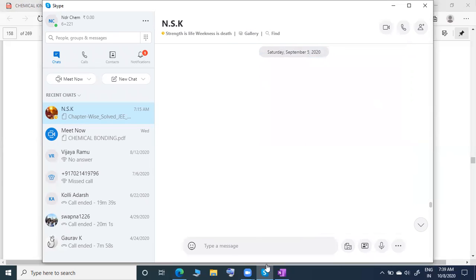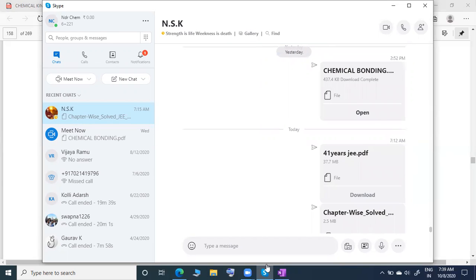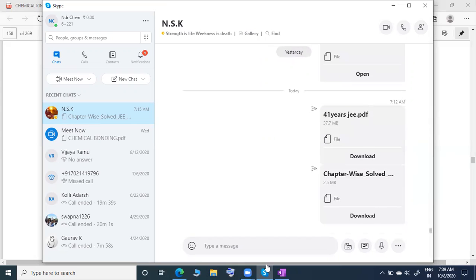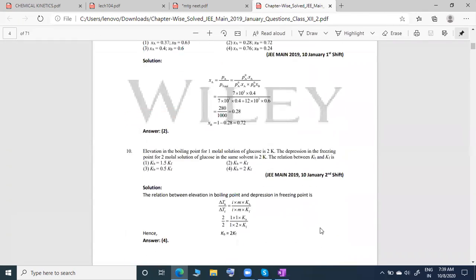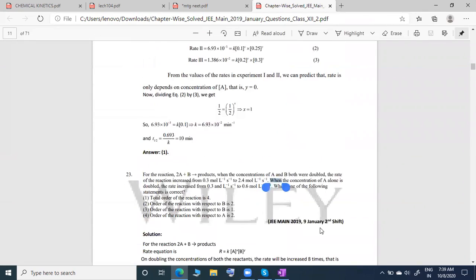Now we can see one JEE question. These are 2019 JEE questions.